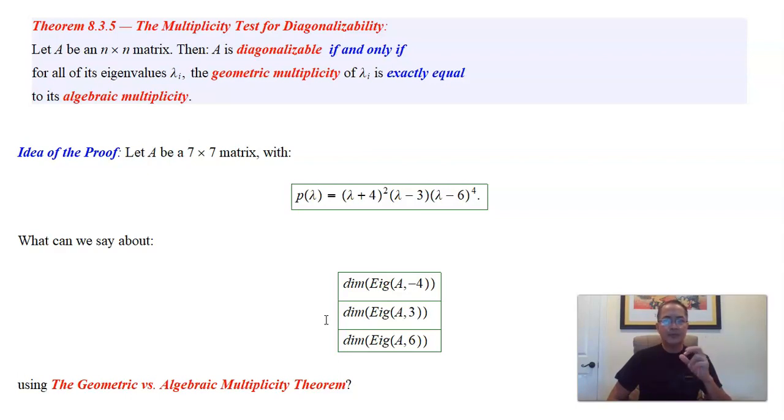I believe our earliest example was of a 3x3 matrix where we had a double eigenvalue and a simple eigenvalue. Okay, so one was power 2, one was only power 1. The eigenvalue which had the square acted a little strange.